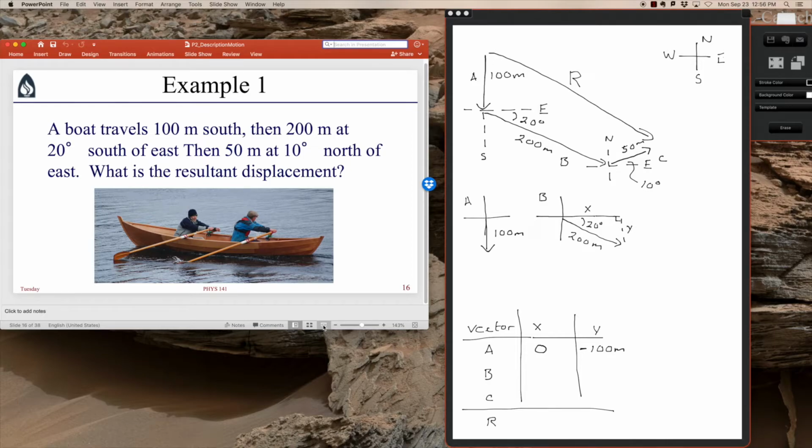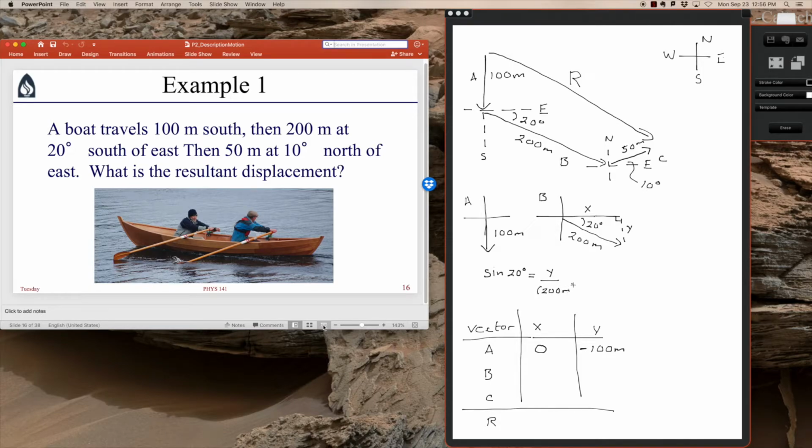Then if I consider my trigonometric functions, if I first take the sine of that 20-degree angle, sine of 20 degrees is going to be the opposite side, which is the length of the y component, divided by the hypotenuse, which is 200 meters.